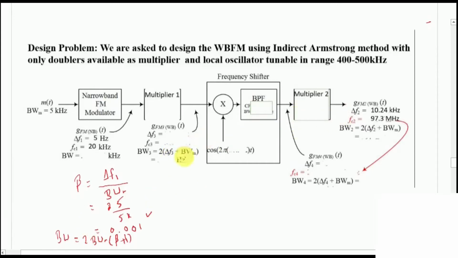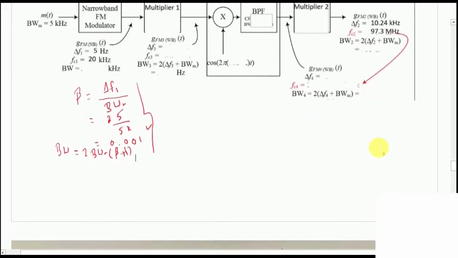Now moving on to the wideband, we can do a similar procedure. Again we find the modulation index beta, which is now delta f2 divided by the bandwidth of the message signal.